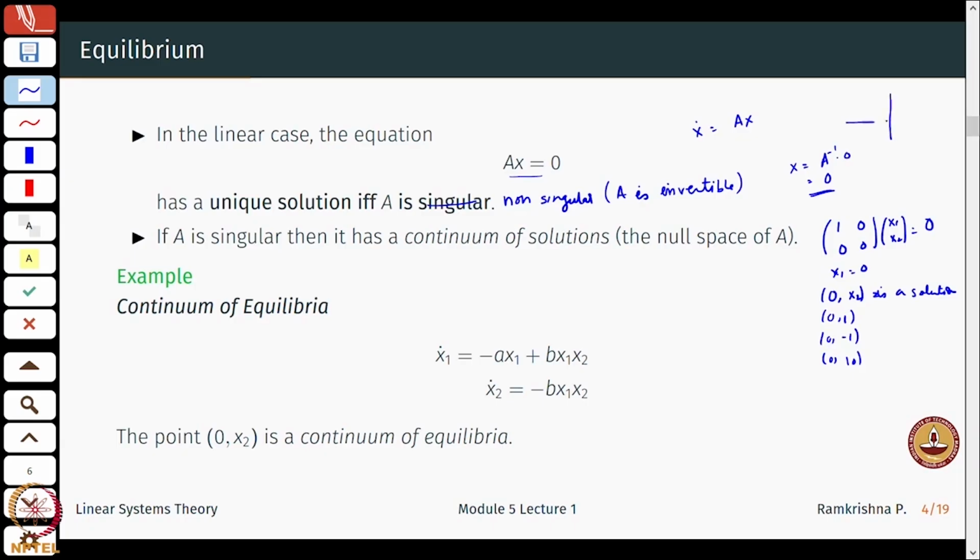If I were to draw it here, x1, x2, so x1 is 0 and x2 is any value. So, this entire line is a solution to Ax equal to 0 in this case, which also means that if A is singular, then it has a continuum of solutions.